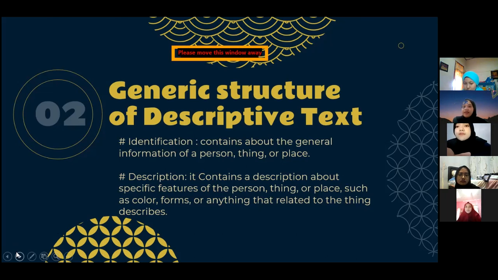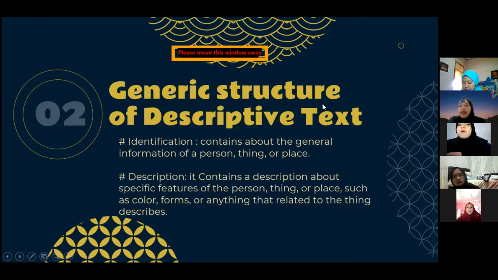Okay, so until here, do you have any questions? Miss, it can be concluded that the identification or general points are always in the beginning, and the last paragraph is always about the specific information. Is it always like that?